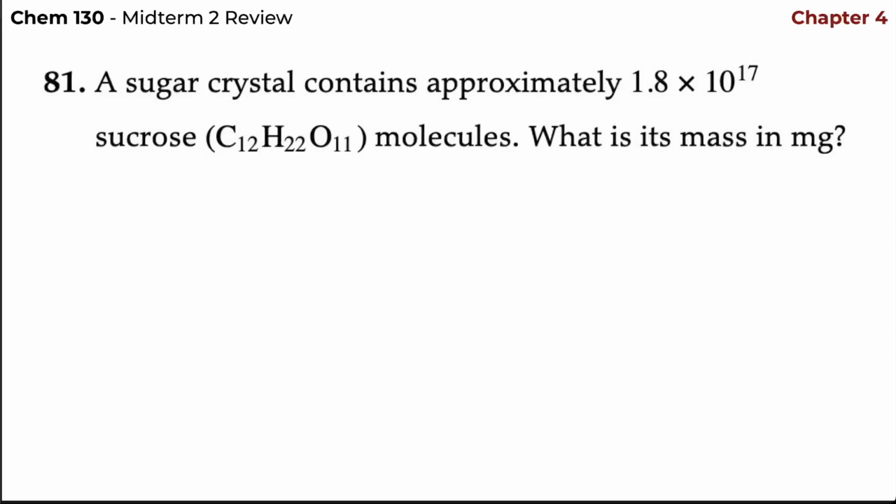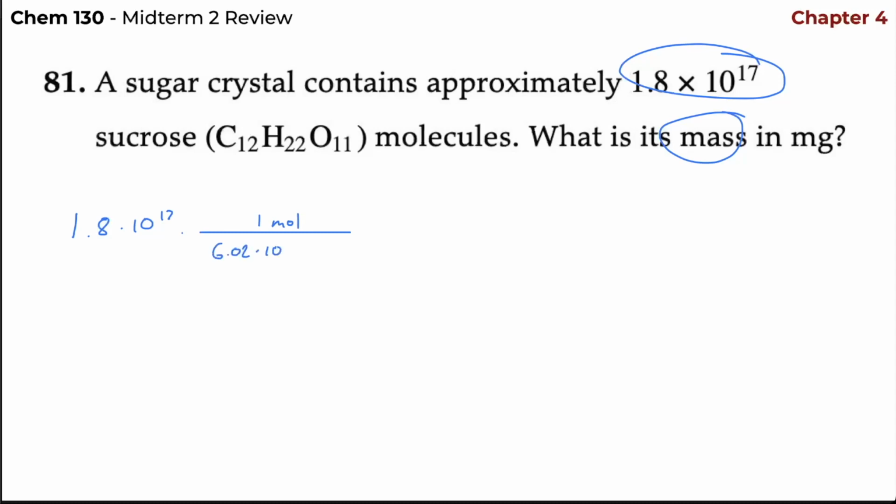We have this many molecules, so what's its mass? We start off with molecules. Now let's convert the molecules to moles using Avogadro's number, right? 1 mole over 6.02 times 10 to the 23, right?